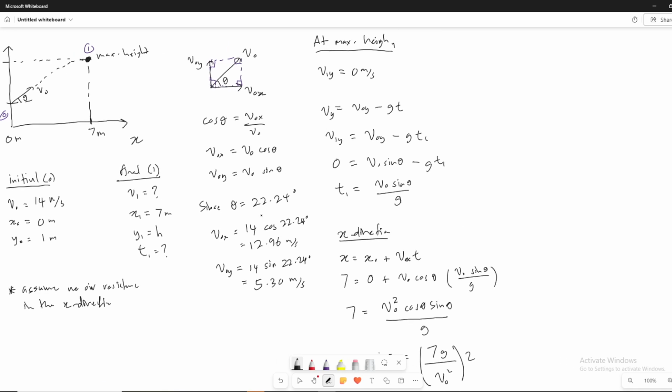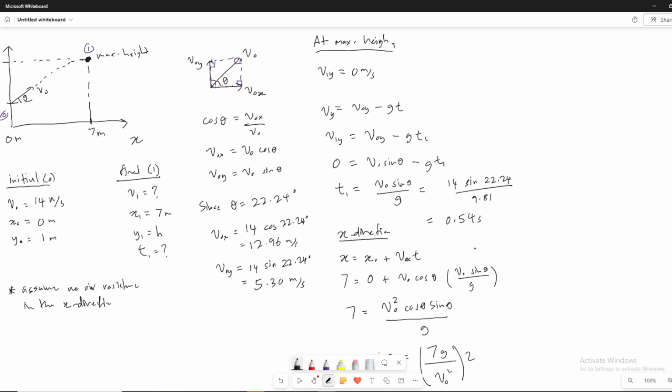This is 14 sin 22.24 divided by 9.81. t1 is 0.54 seconds.